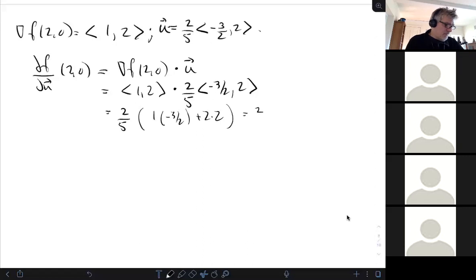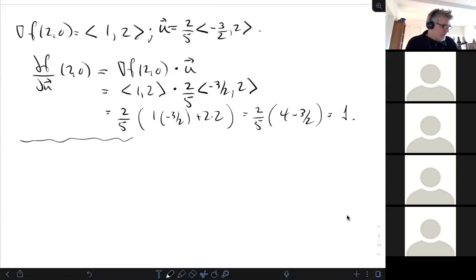So that's 2/5 times 4 minus 3/2. 4 minus 3/2, that's 8 minus 3 over 2, 5/2, that's 1. Okay? So this is the directional derivative in the given direction.